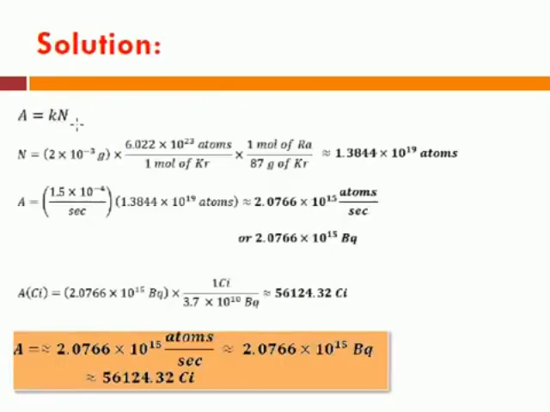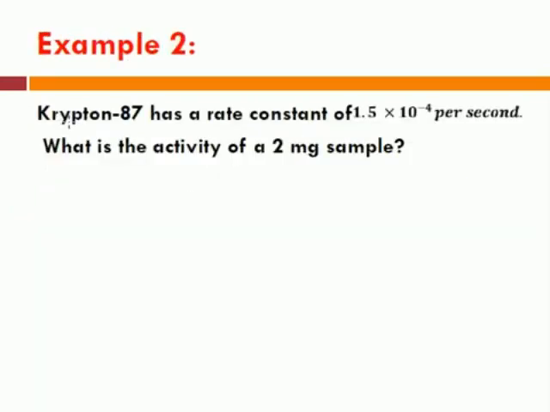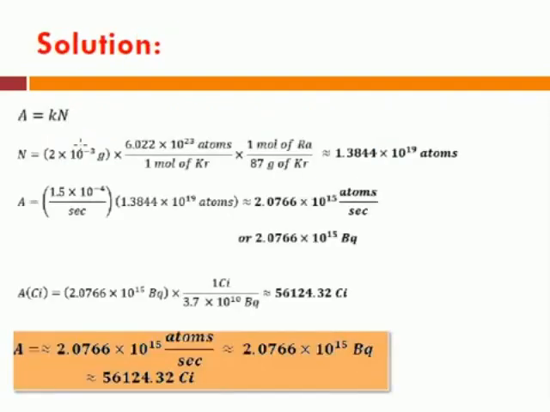A is equal to kN, and then we need the value for 2 milligrams. So convert 2 milligrams. Milli is the same as times 10 raised to negative 3, so that is 2 times 10 raised to negative 3 grams. We have to convert milligrams into atoms.